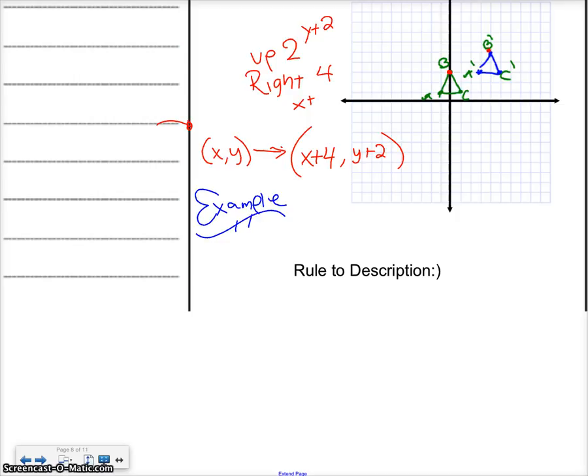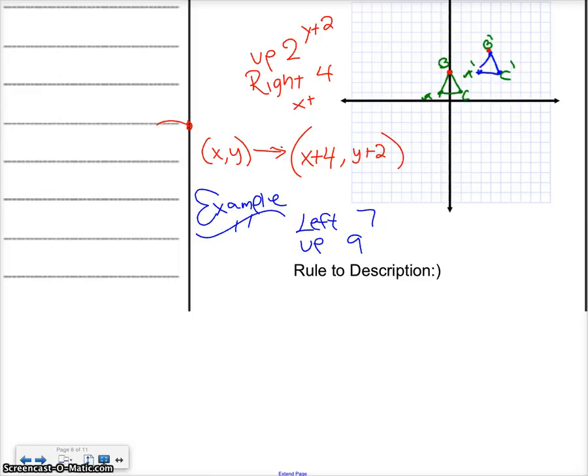You are going to write the translated rule. My description is take every point and go to the left 7 and up 9. What would that translation rule look like if I went to the left 7 and up 9?